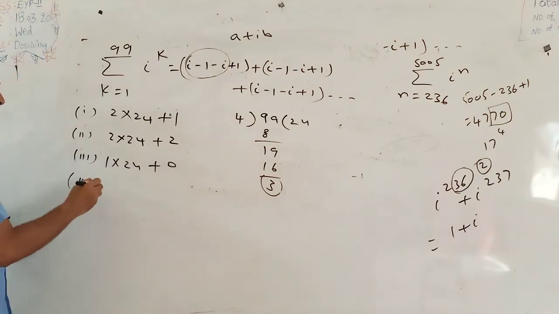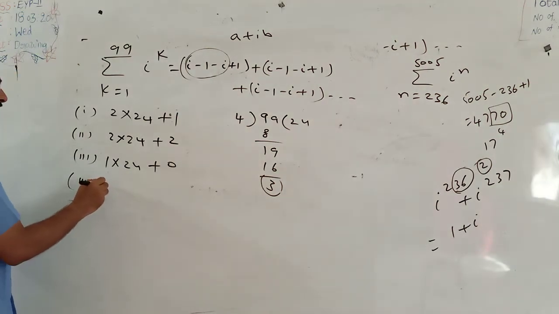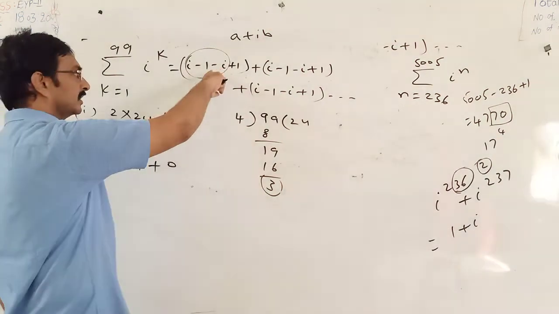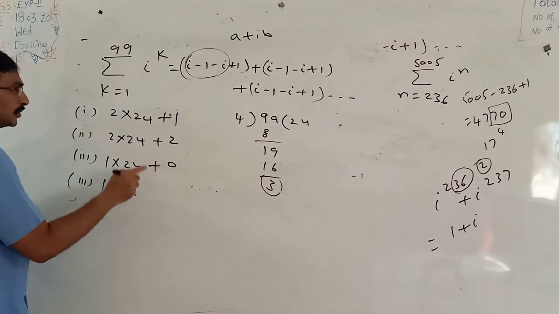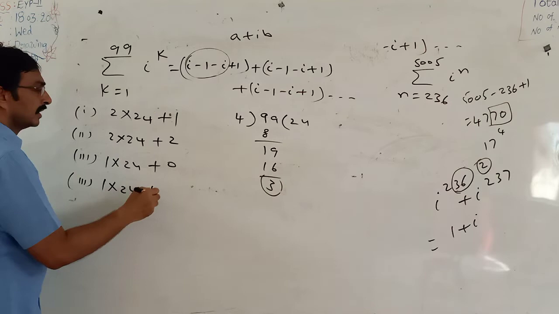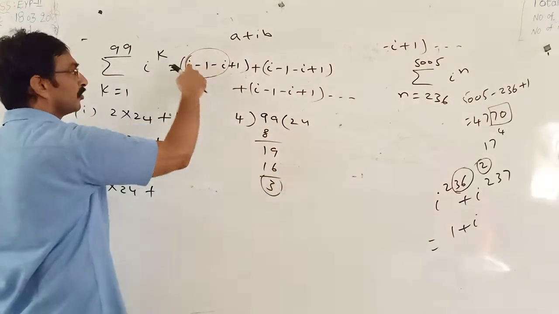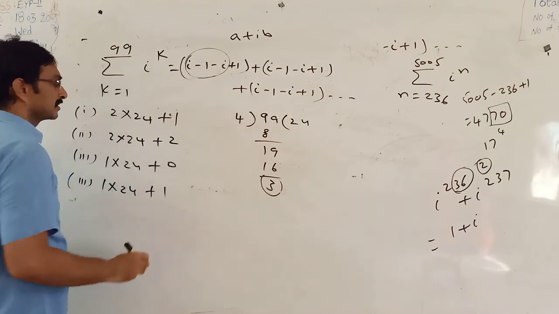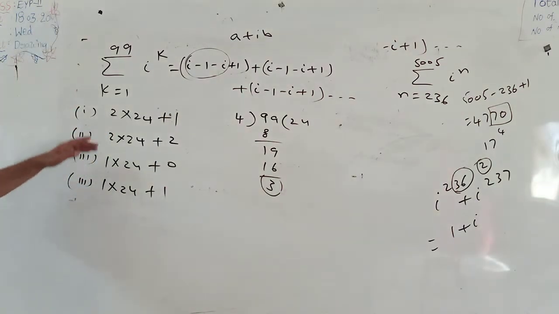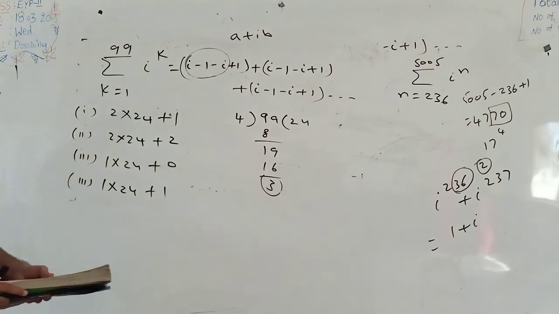Therefore, number of negative real numbers: in each bracket there is only one negative number, therefore 1 into 24 such brackets, but in last 3 there is one negative real number, so we have to count that one also, plus 1. So number of real terms, imaginary terms, positive real numbers, negative real numbers.